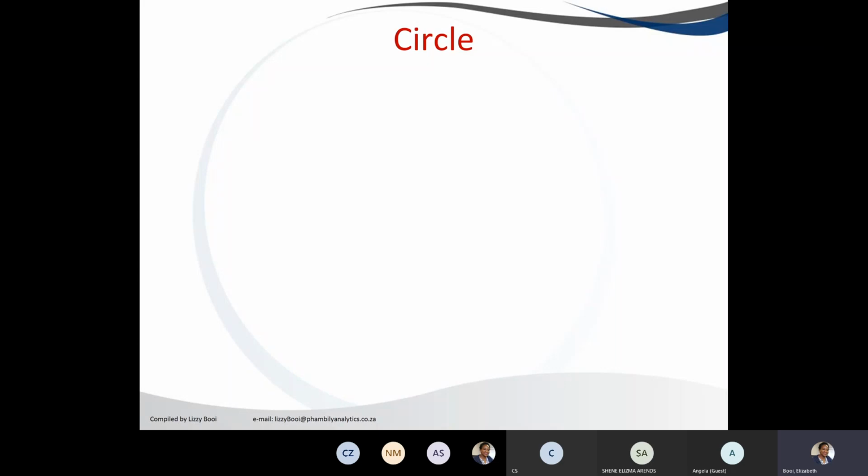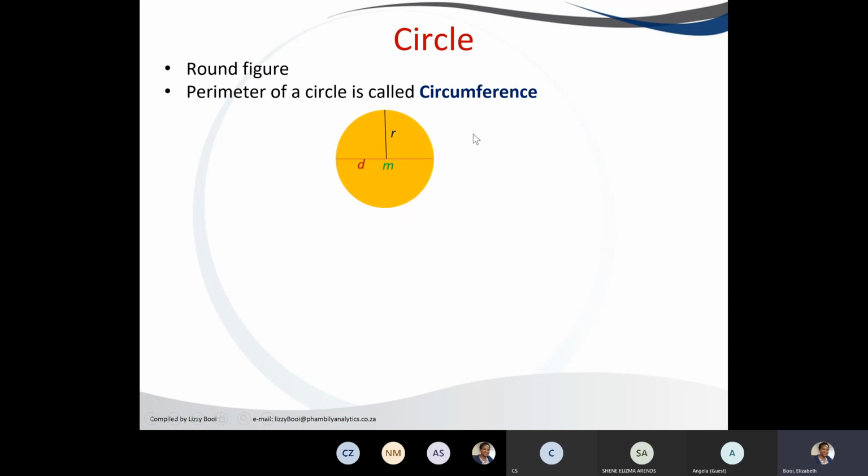And remember, a circle is just that round thing. So when we calculate the perimeter or the circumference of a circle, say this is a circle. A circle has no ending side, so it starts from one end and it ends on the other end.